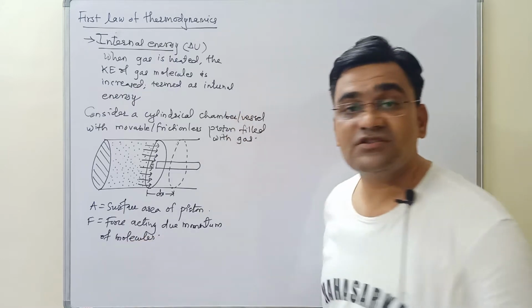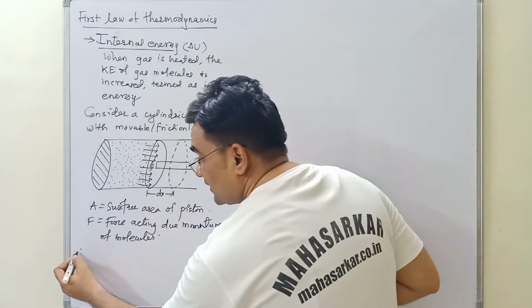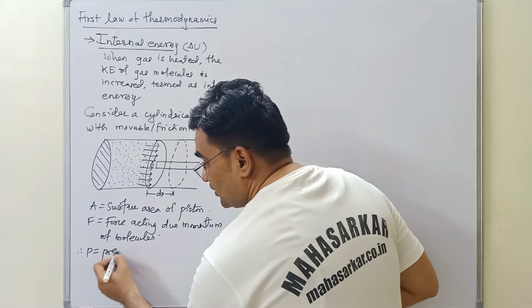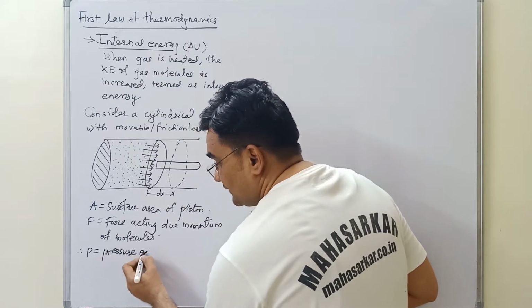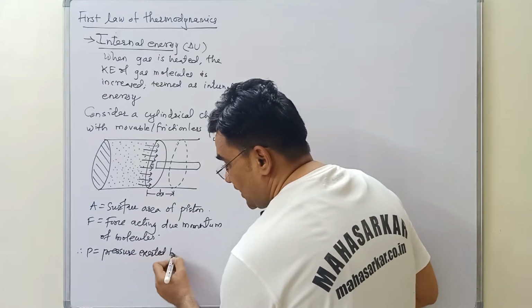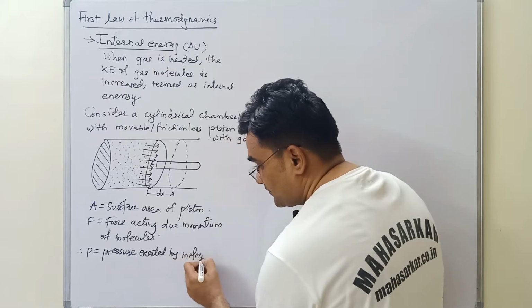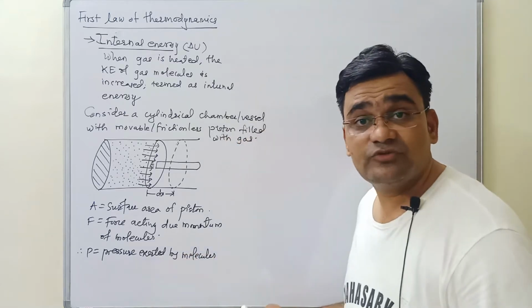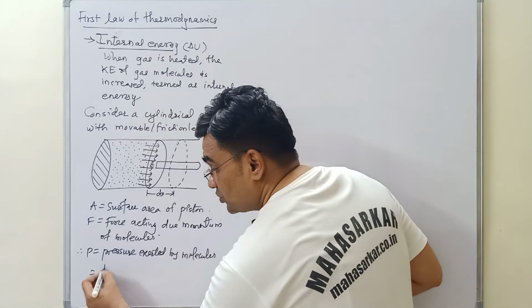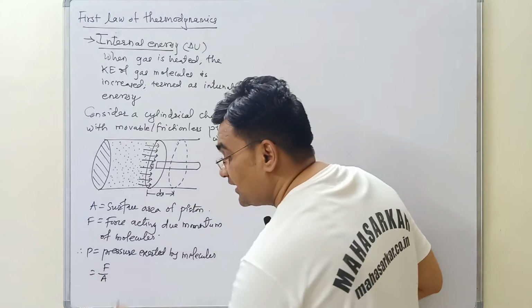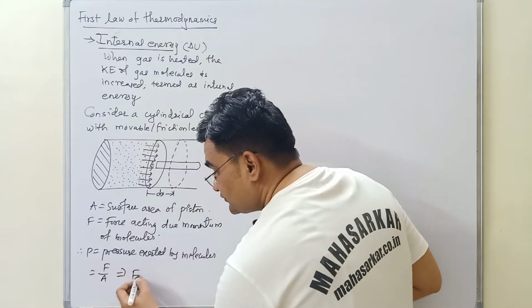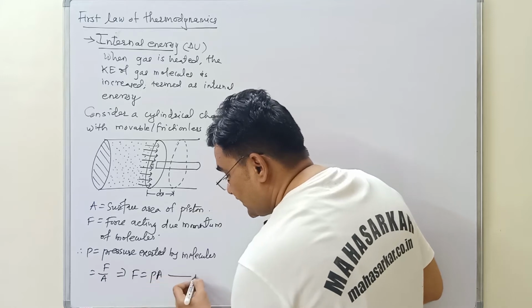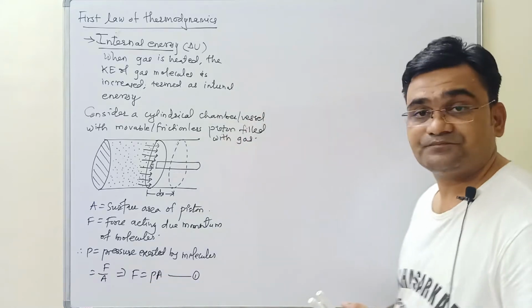Then we know by definition the pressure exerted. Therefore P equals the pressure exerted by molecules. What is the formula? Pressure P is equal to force upon area. Implies force is equal to pressure into area. Say this is equation number 1.